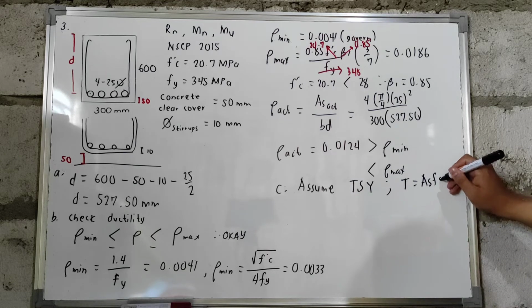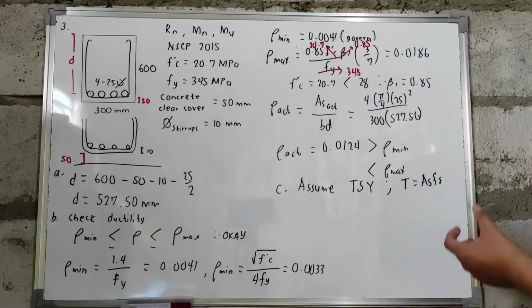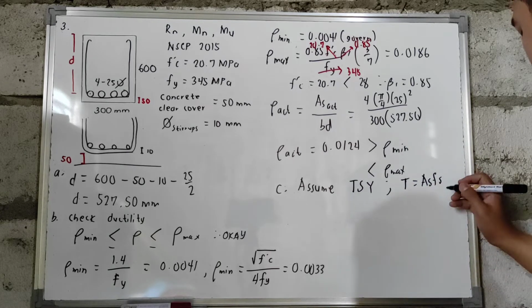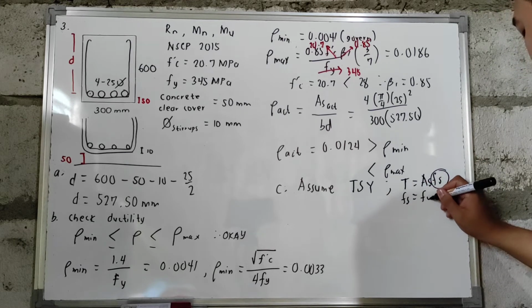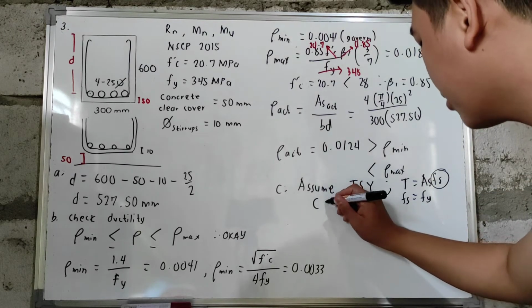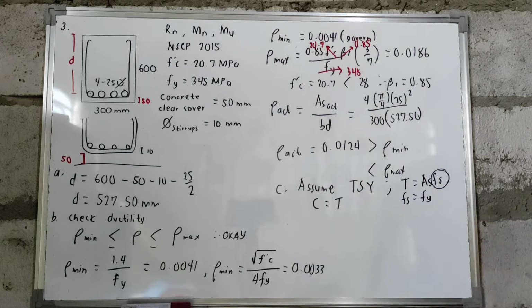That is As Fs. Okay, laging ganyan yung formula natin kahit nabalikan natin sa WSD. So kapag nag-tension steel yield tayo, yung value ng Fs natin na to will be equal to Fy. So assume tension steel yields muna tayo. So C is equal to T, or T is equal to C.